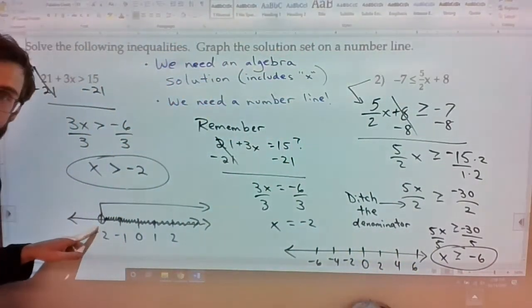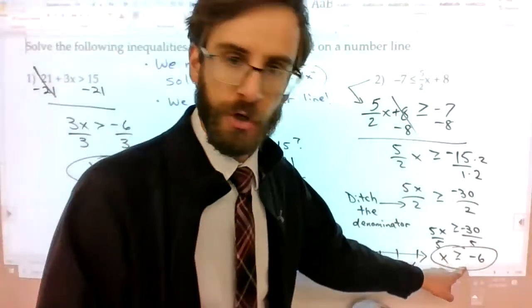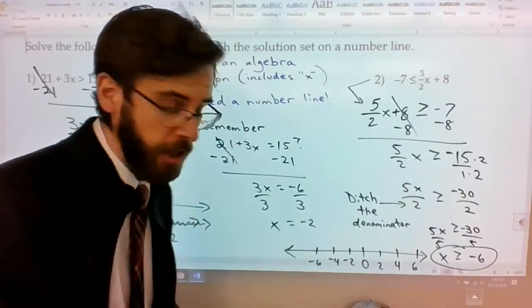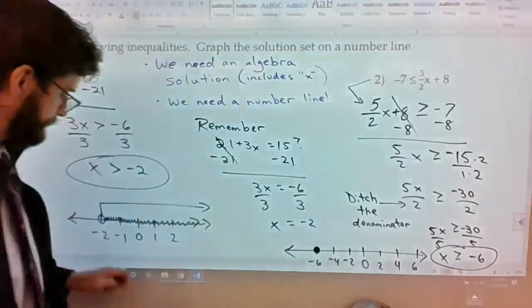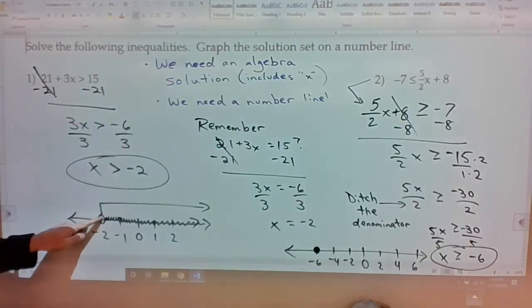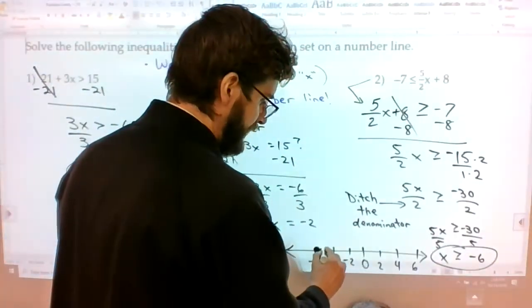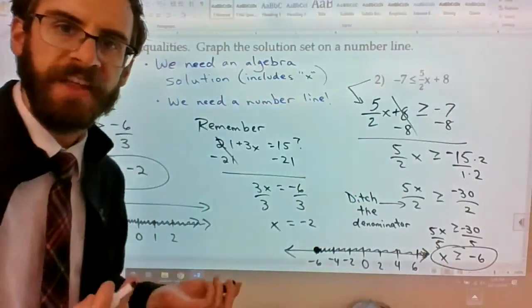Instead of an open circle for greater than, I'm going to have a closed circle for greater than or equal to. Again, reference the first video for explanations on that. See? Open, closed. Everything bigger than is going to go to the right of it. And that's it.